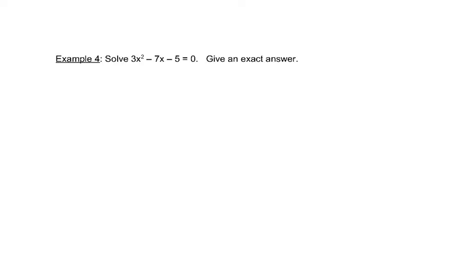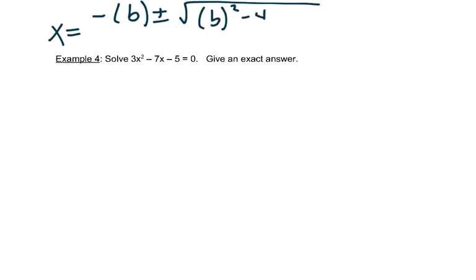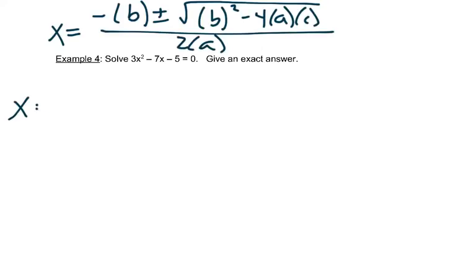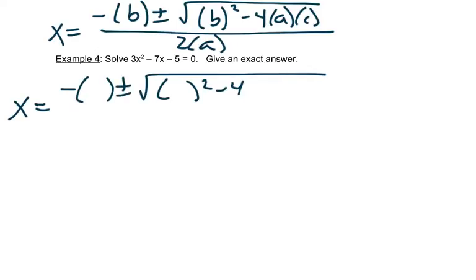So we'll do this the same way. I'm going to write the formula down on the top of the screen. If you write the formula down each time, it will help you keep from making mistakes. And then I'm going to write it again with the parentheses empty so that I can just fill them in.